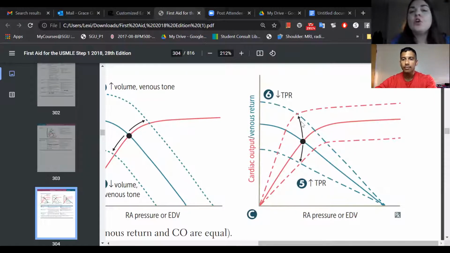Okay, so when we're looking at what will increase your cardiac output, and we're talking about afterload, if I want to get more blood out, do I want increased afterload or decreased afterload? Decrease. Right. And we just said that afterload, TPR, resistance, if you want to get more out, you need less resistance.